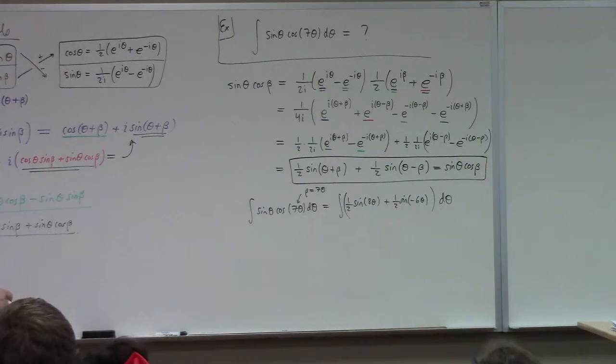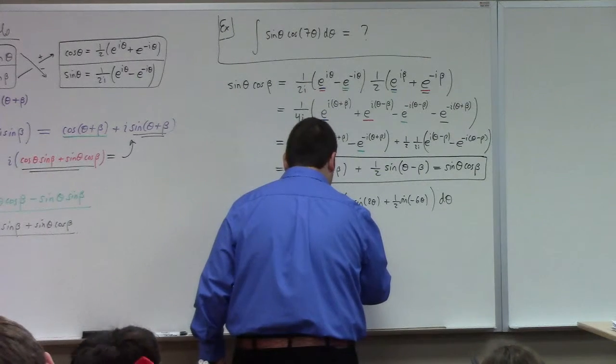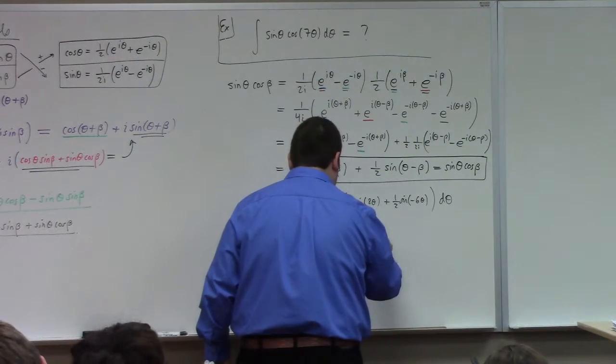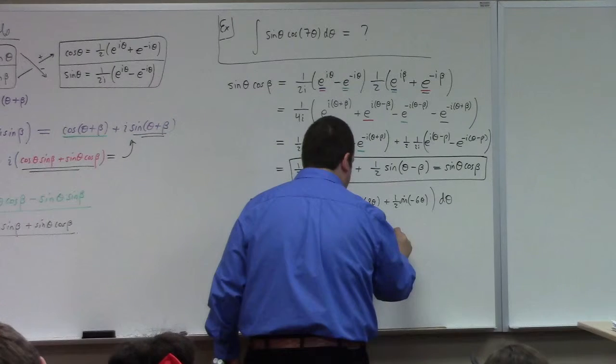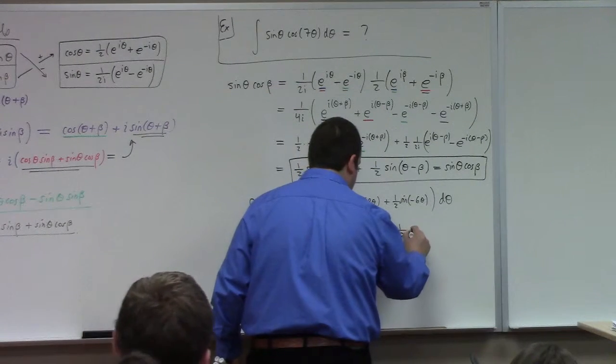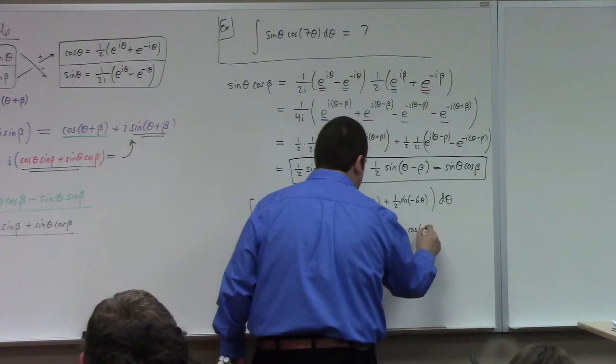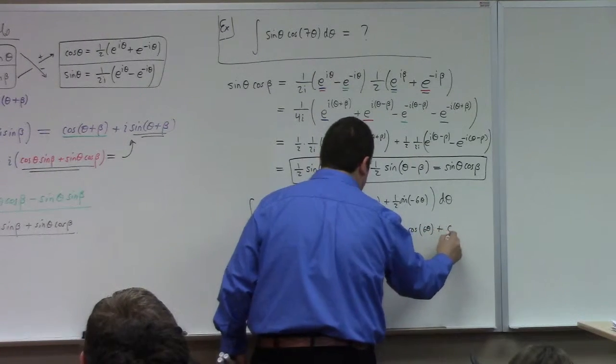Seven plus 1 is 8, and 1 minus 7 is minus 6. You pull the minus out, and what do you got? Minus 1/16 cosine of 8 theta plus 1/12 cosine of 6 theta, plus a constant. And there you go.